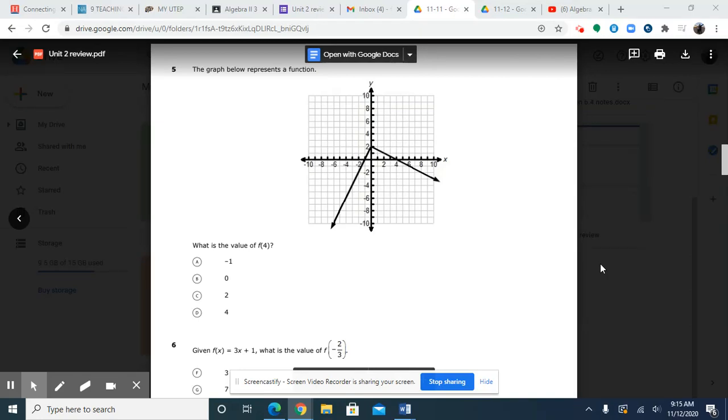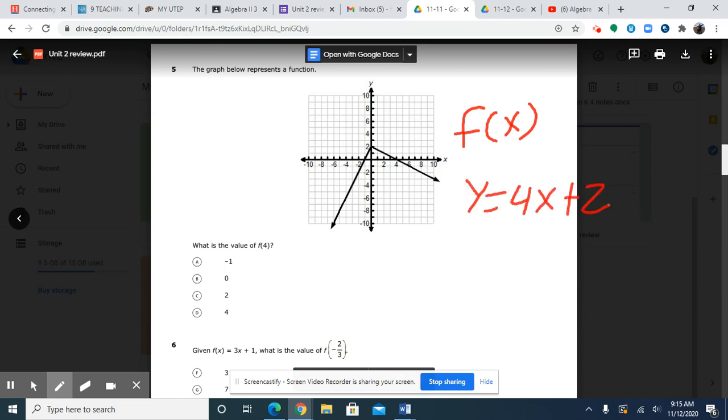So these next few questions have to deal with function notation, where we have f of x as our function notation. Now, what this simply means is that, let's say we would have an equation y equals 4x plus 2.